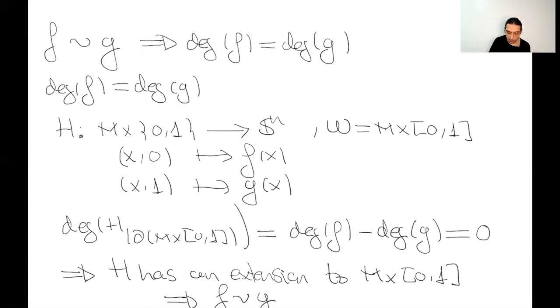What remains to be proved is that there is a map for every integer number. So let's fix m, a natural number. And let us consider a few points, x1, x2, ..., xm, different points, of course, in our manifold M. Now consider oriented local charts.